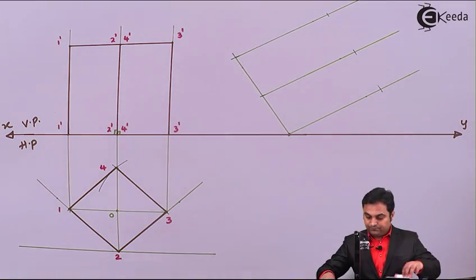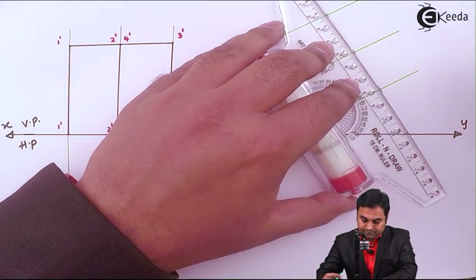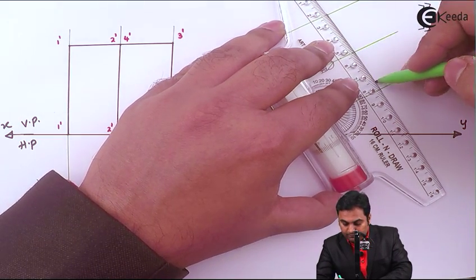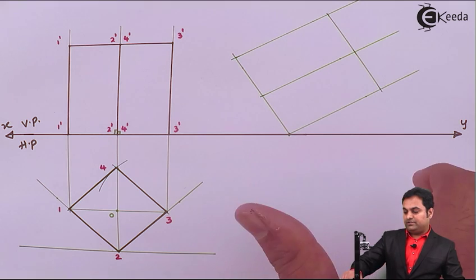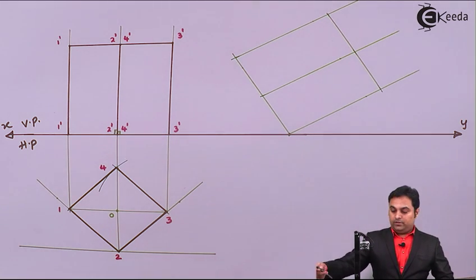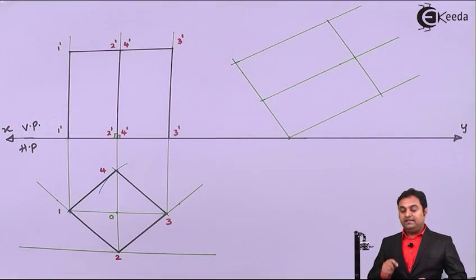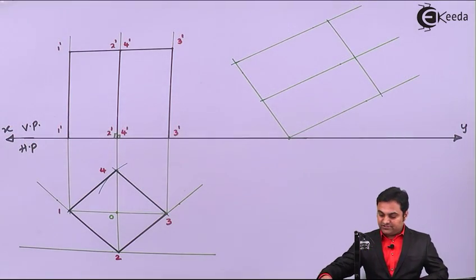Joining them first with a light line. So here is the prism which I have tilted. Next, I'll make the edges dark. Now, I'll make the edges dark for this square prism which is inclined.